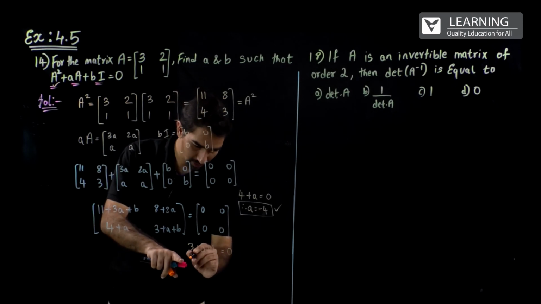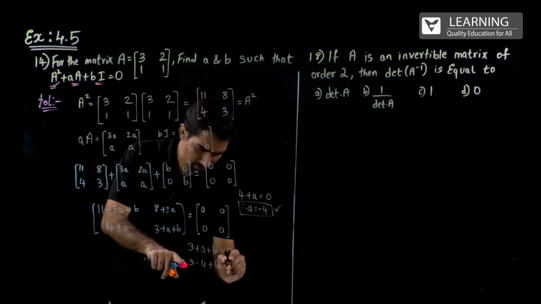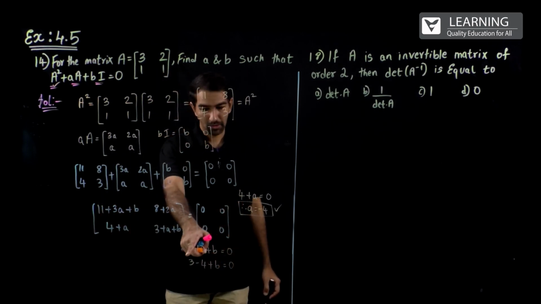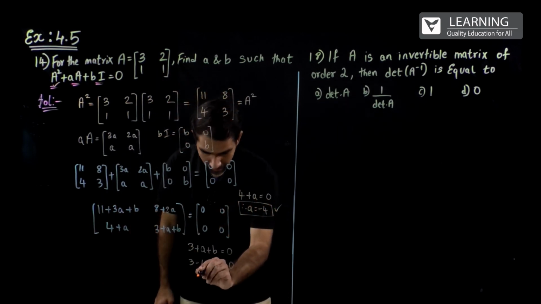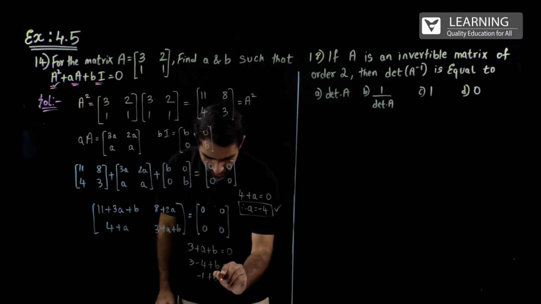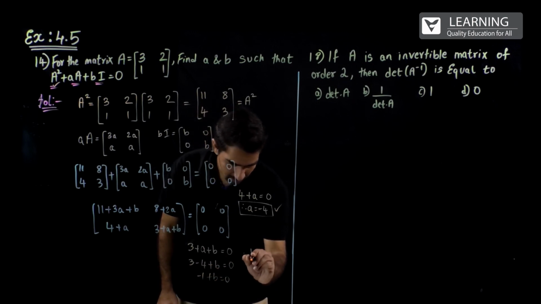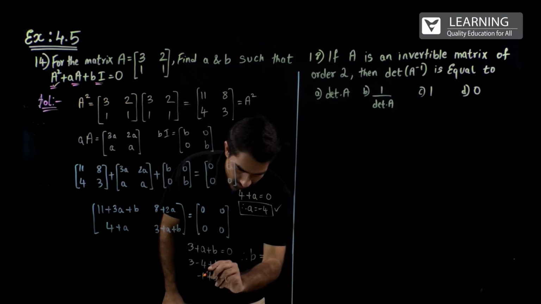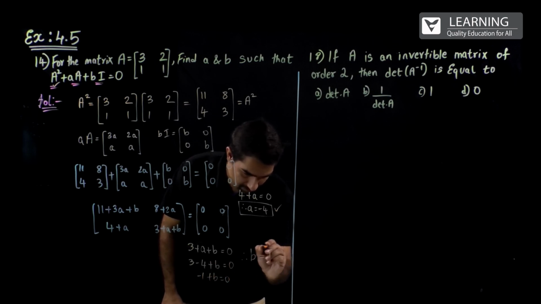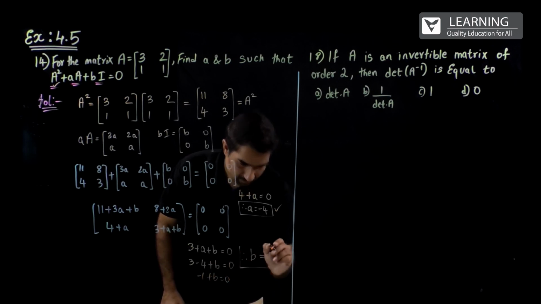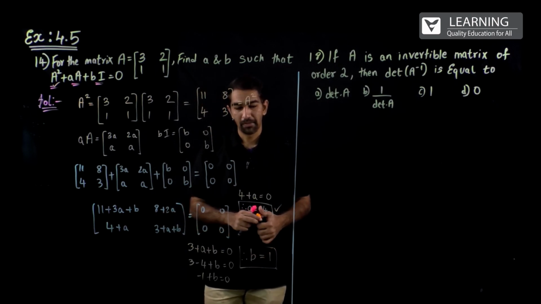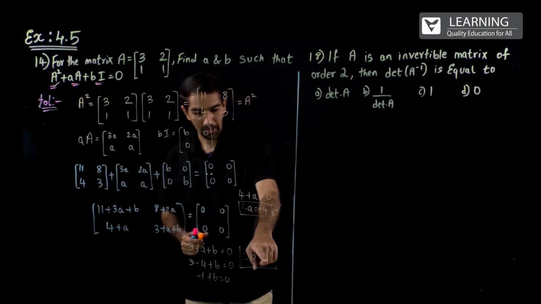A is minus 4. So 3 minus 4 plus B is equal to 0. So 3 minus 4 is minus 1. Minus 1 plus B is equal to 0. Therefore, B will be equal to, send this minus 1 on that side, it will become plus 1. So B is equal to minus 1. Sorry, B is equal to plus 1.